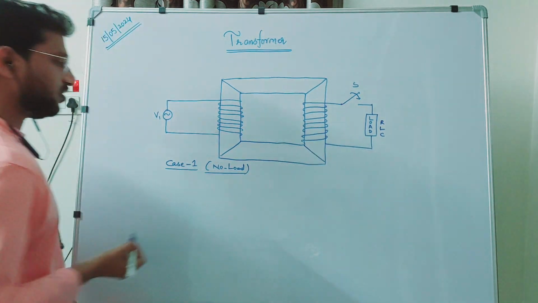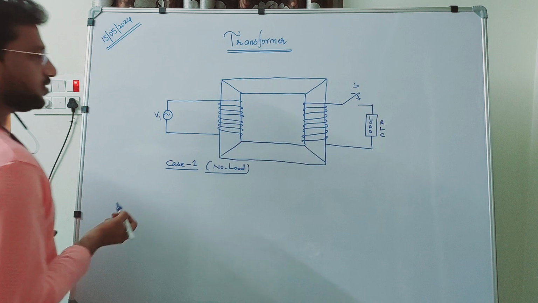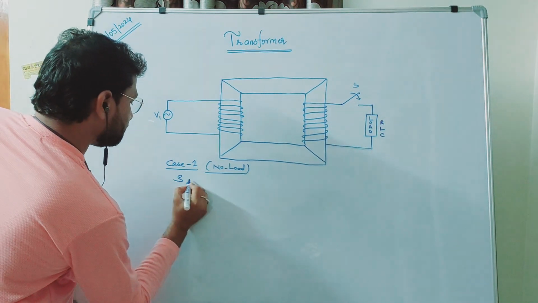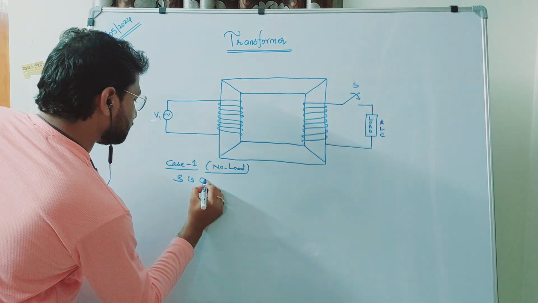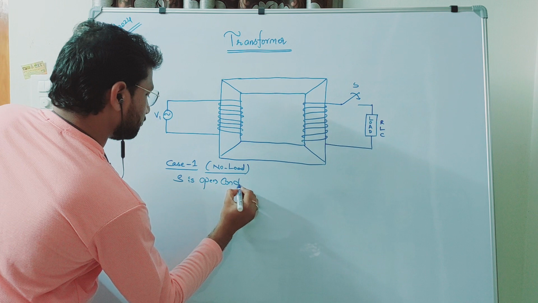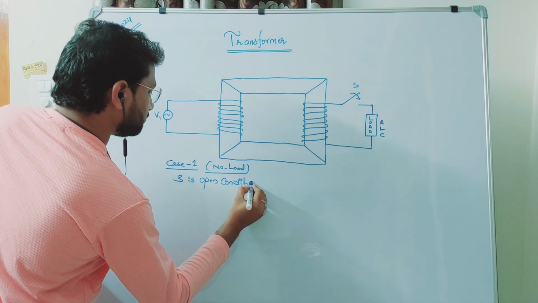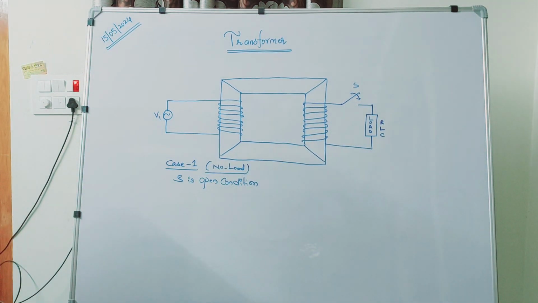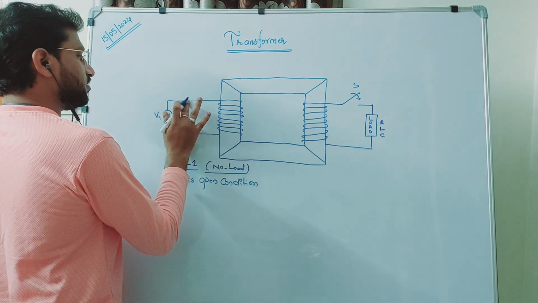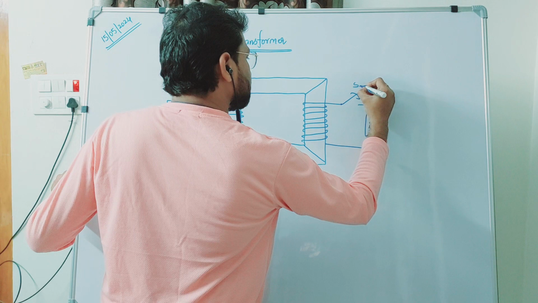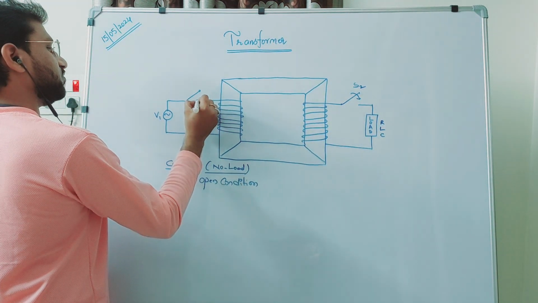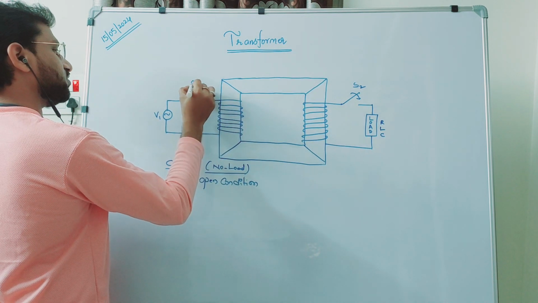So case 1 is on no load. That means here the switch is open. Let us mark it as S2, and I am taking one more switch here, so it is S1.